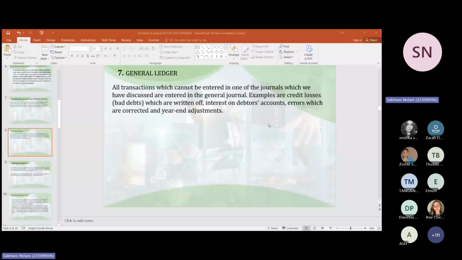And you decided as management of your business to close off this account. Let us close off this account. Shengwe? By my understanding, I think the account would be written off as a bad debt.